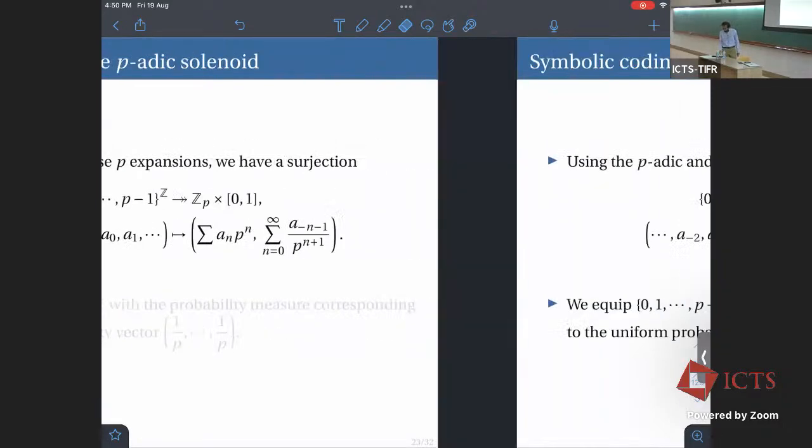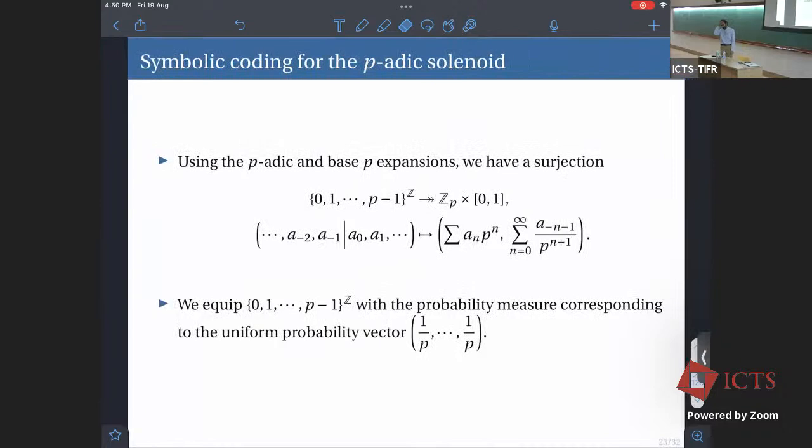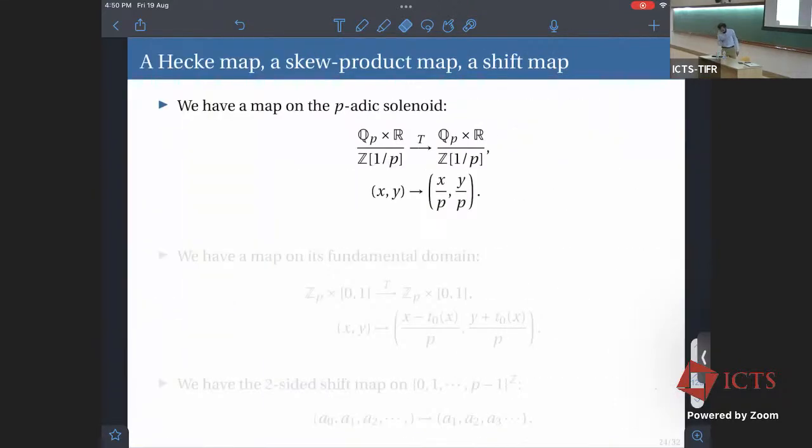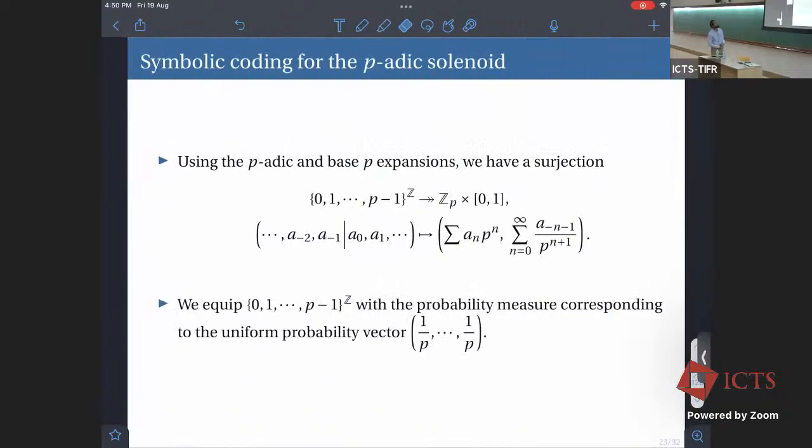And as we did earlier, this Bernoulli shift space we equip with a probability measure corresponding to the uniform probability vector (1/p, 1/p, ..., 1/p). Now on this Bernoulli shift space, I know what the ergodic map is that I want to look at.